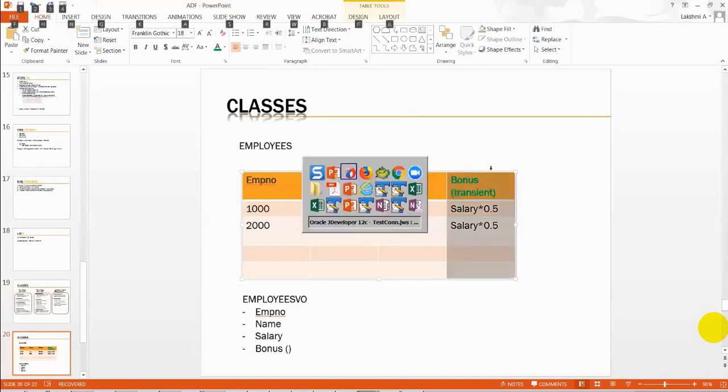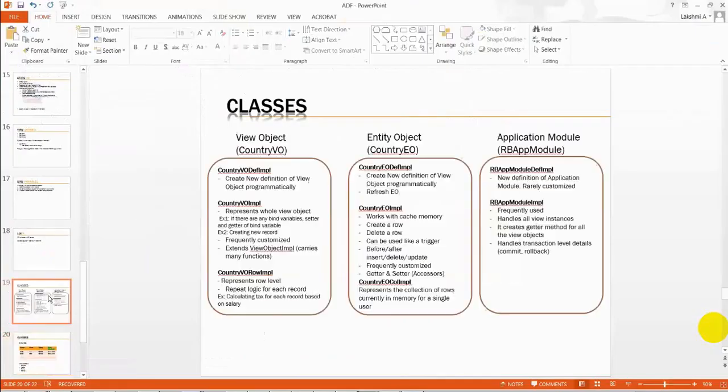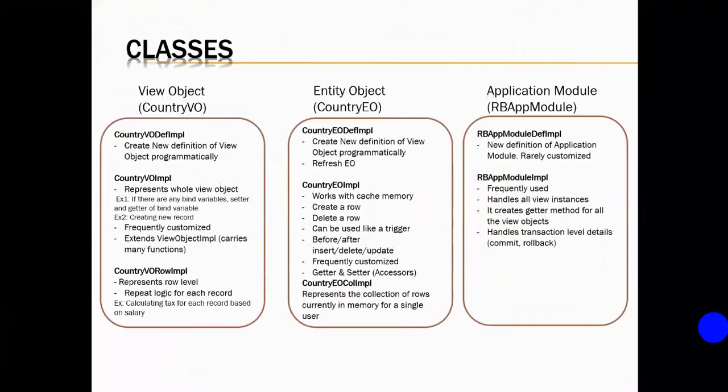Then you have to rely on this country VO IMPL, where you have the provision to create a transient variable, and also to create a new record, because you have the handle of all the data sets.